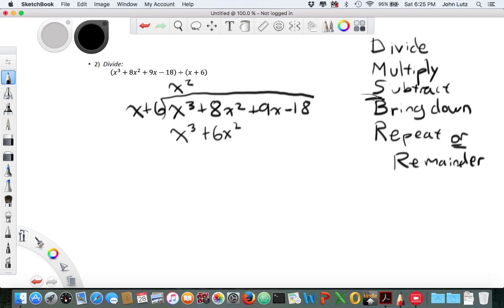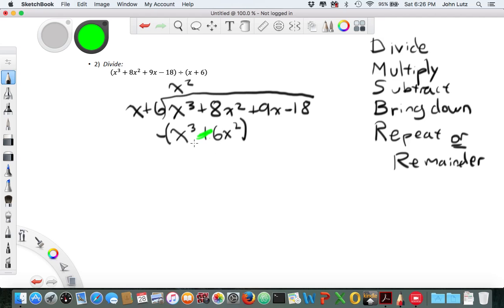My next thing is to subtract, right? So I've got to subtract this whole thing from this whole thing. And what do I know about subtraction? I know that this minus distributes into this binomial, okay? So this is going to be x cubed minus x cubed, but this is going to be 8x squared minus 6x squared.